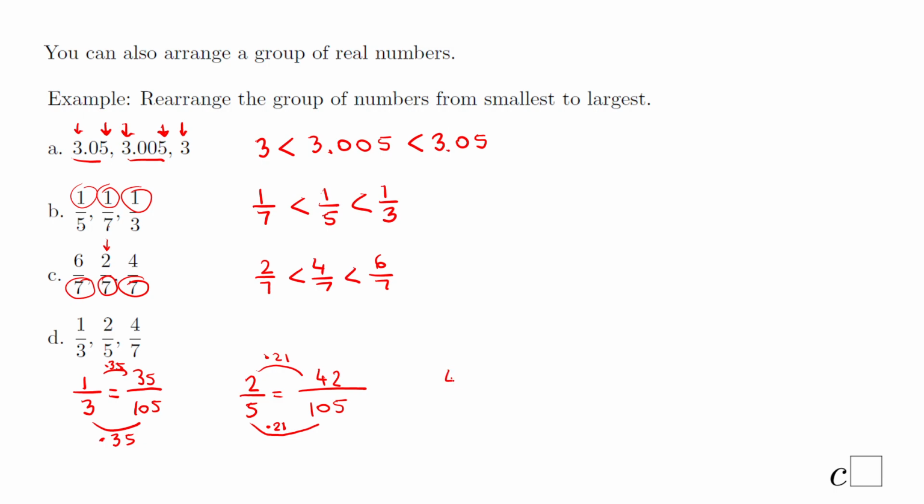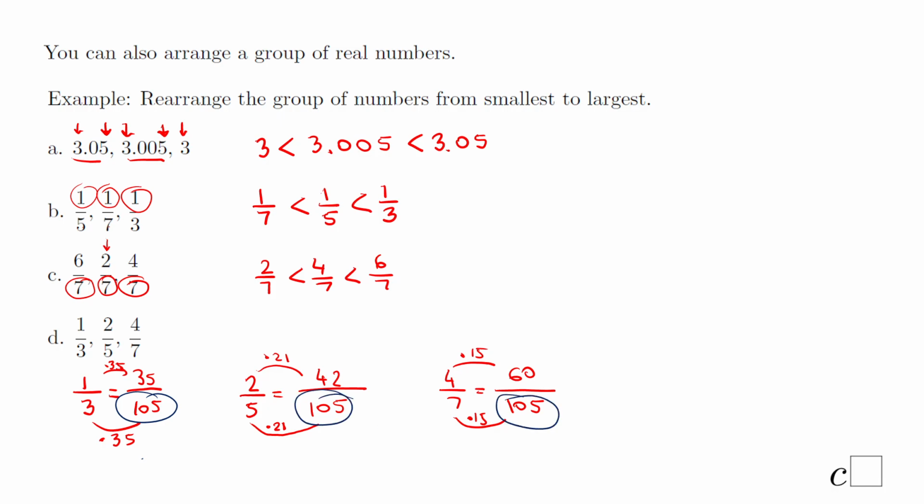And let's go to the last fraction, 4 over 7, where we have to get this 105. And 7 times 15 is 105. 4 times 15 will be 60. So now we have these equivalent fractions, and you notice we have the same denominator, 105, 105, 105.